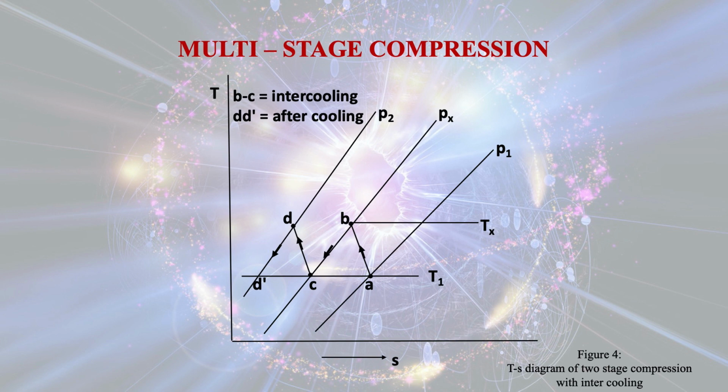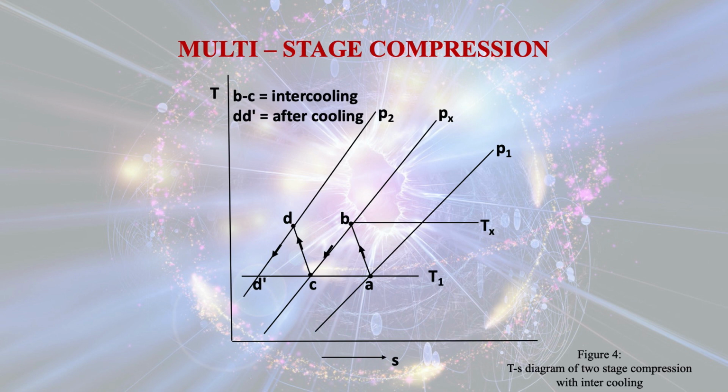But at point B, the high pressure and high temperature air will pass through the heat exchanger and the temperature will be cooled down from Tx to T1.